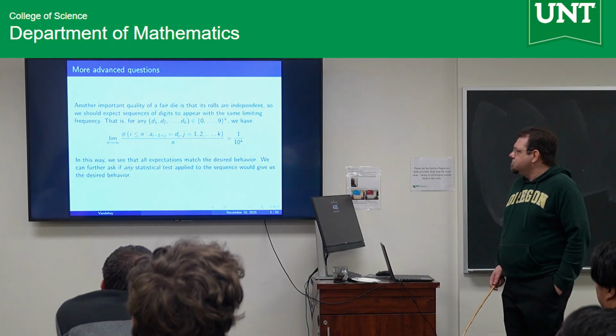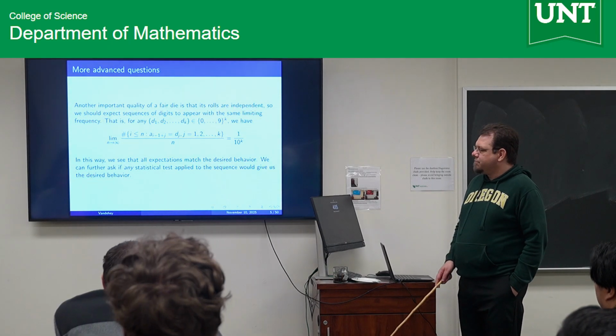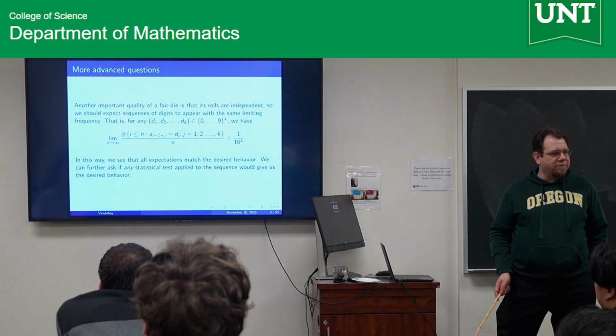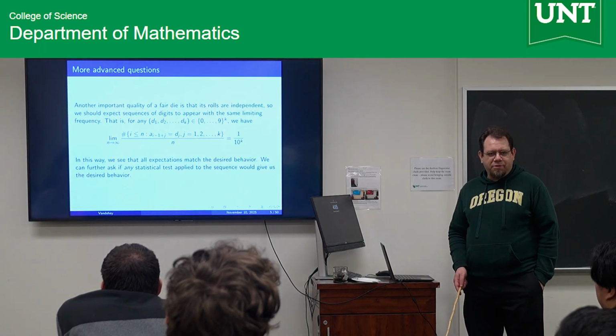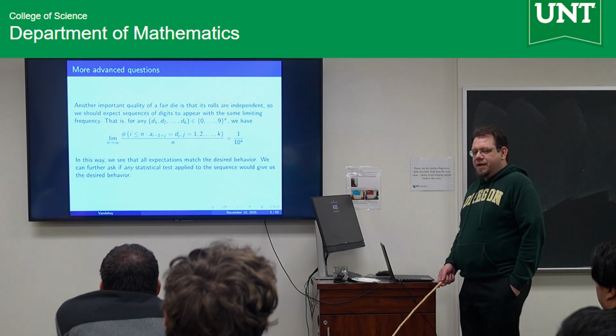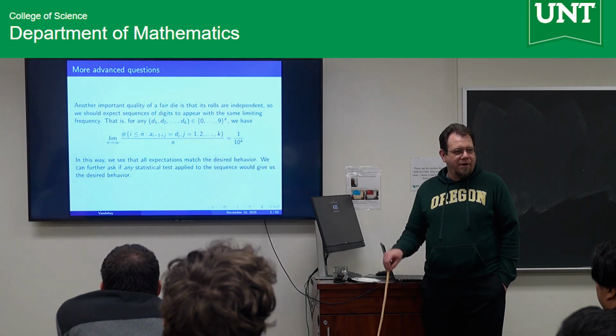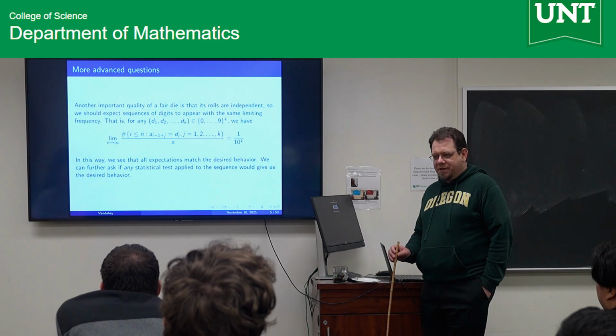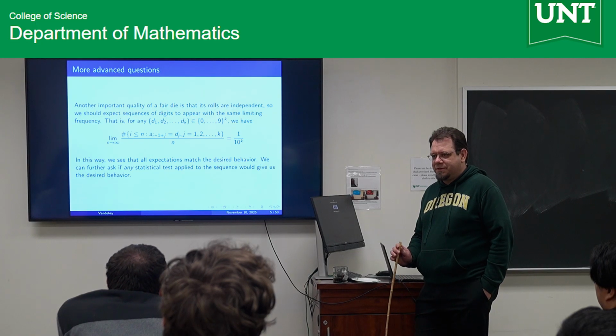And then another natural test we might have is that the rolls of a fair die should be independent from one another. Just because I roll a 3 right now does not mean I roll anything particular the next time. If I roll a nat 1 on a d20 one time, that does not mean I'm cursed to roll nat 1s for the rest of the session.